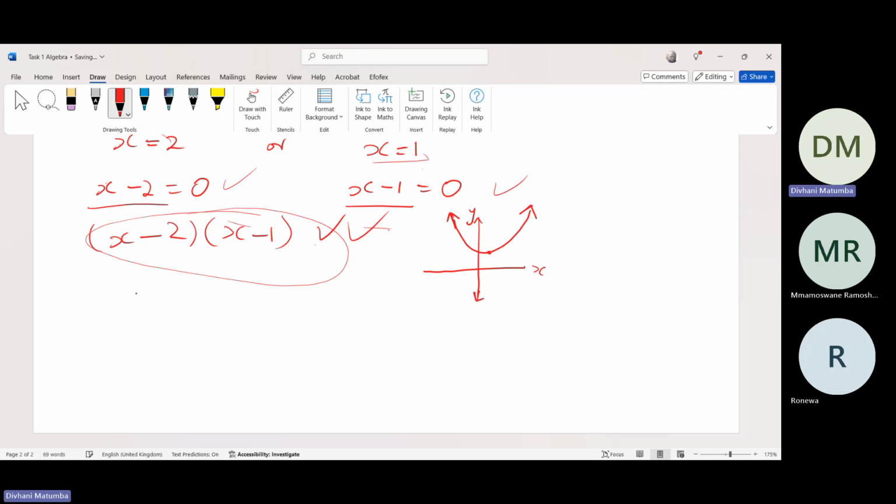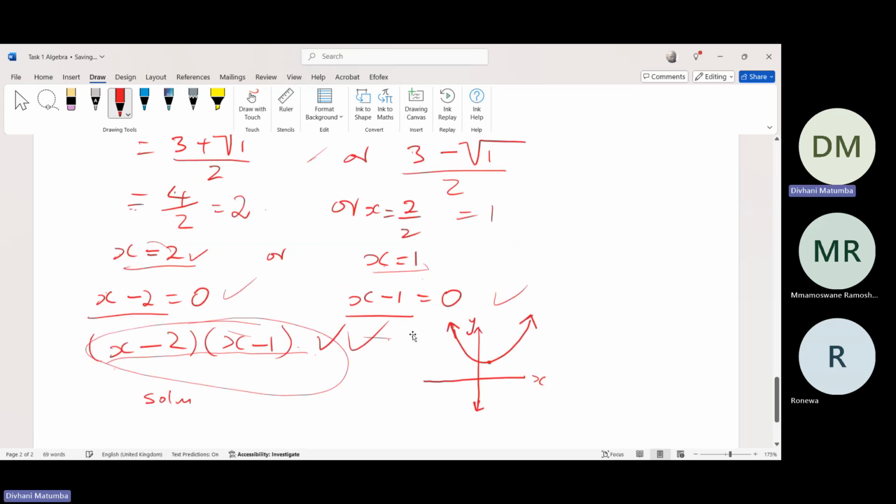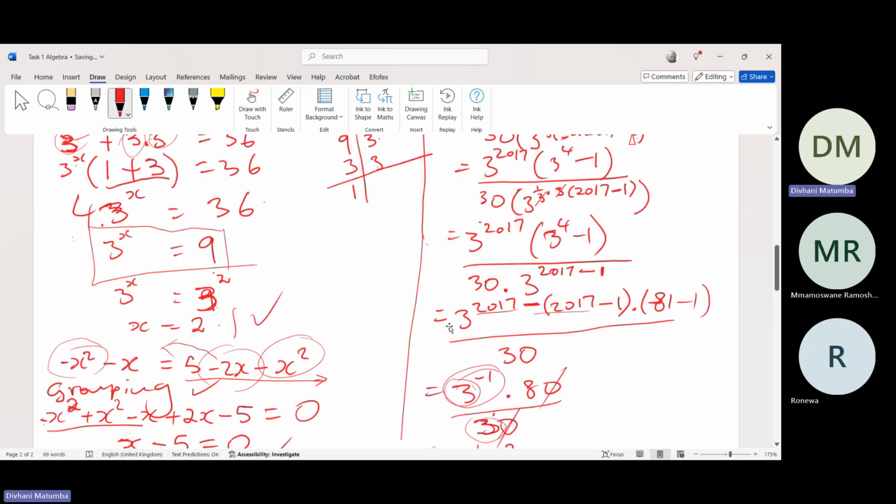No. Solutions are x-intercepts. If you go to the function that we were dealing with, this function was going to cut the x-axis at x equals 2 and at x equals 1. That's where this function was going to cut. The one we did.